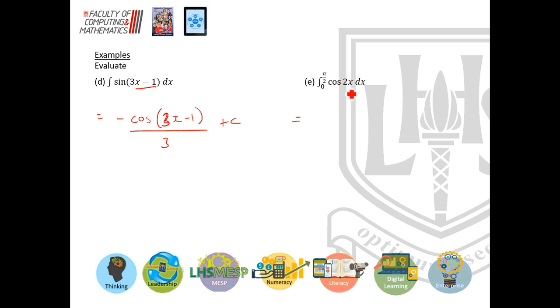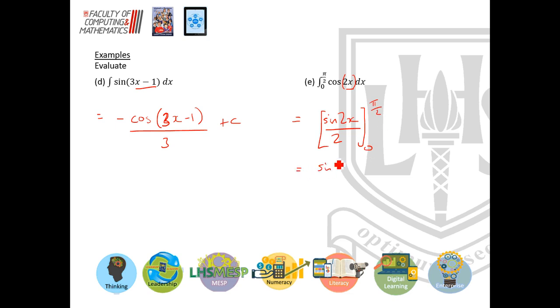And here, remember the bracket around that 2x. We're going to integrate it first of all, so it becomes sine of 2x. Go back into the bracket, differentiate, and divide by that differential. The limits are pi over 2 to 0. Good to put them in.